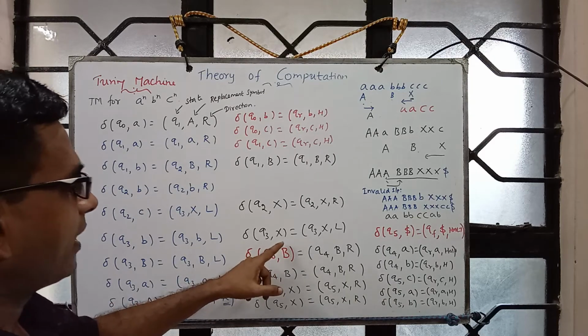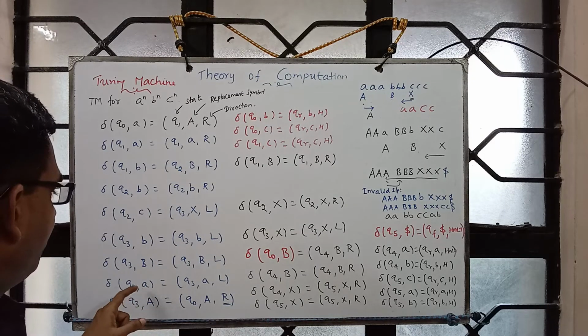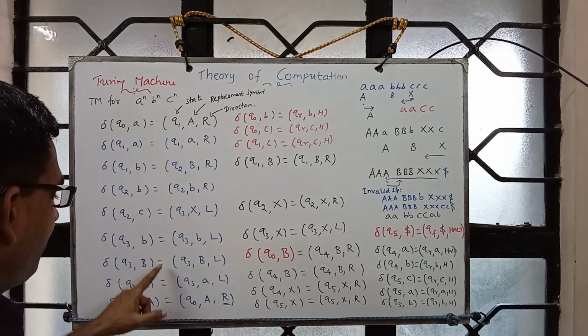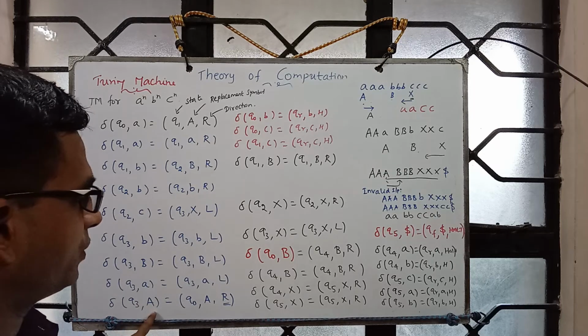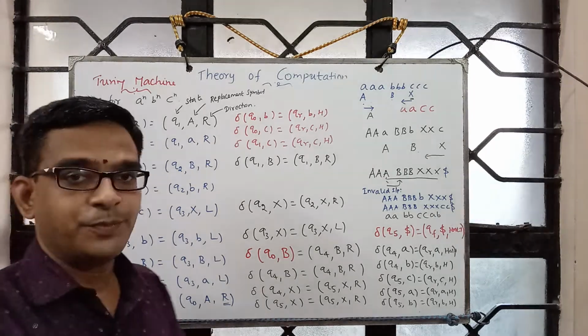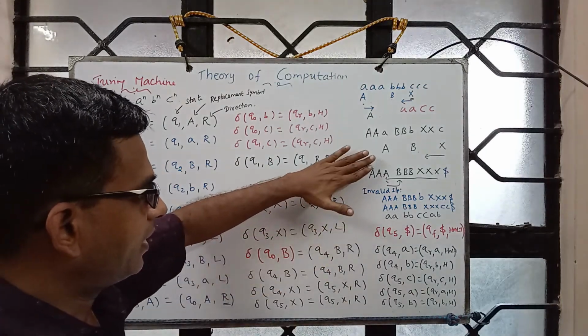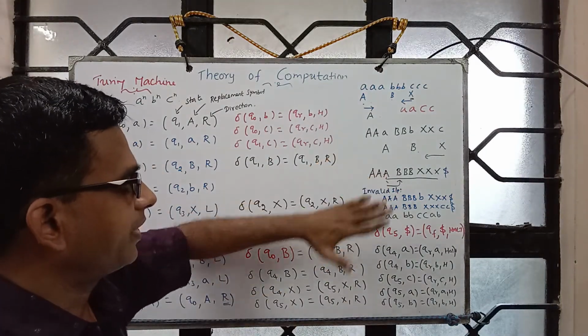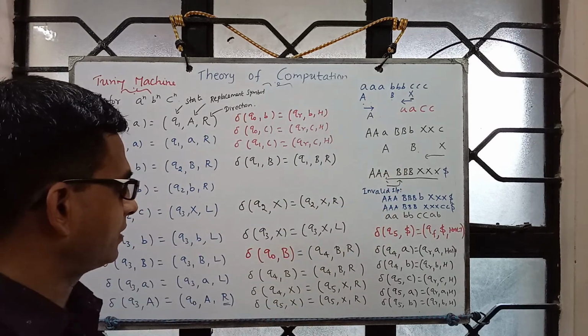And when we come back, we scan X, and then we scan little b, capital B, little a, then we hit the leftmost A. Supposing it is a valid input, which means we are done with replacing A by capital A, B by capital B, and C by X.